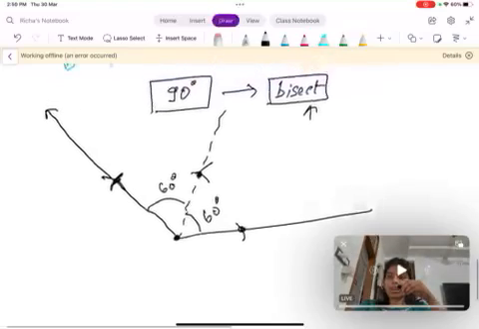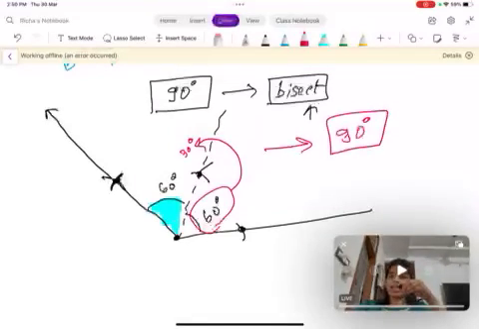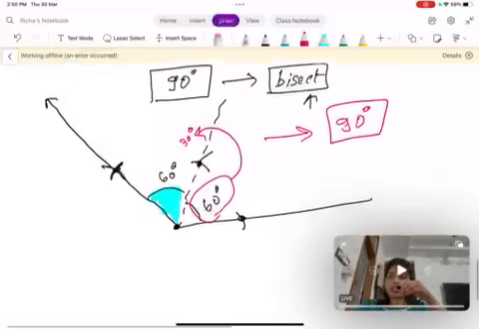So what if I bisect this 60-degree angle? If I bisect it, obviously I will have 30 degrees. So this 60 plus 30 will make up the angle 90 degrees. So same thing we are going to do. We are going to bisect this angle. How to bisect? Very easy.